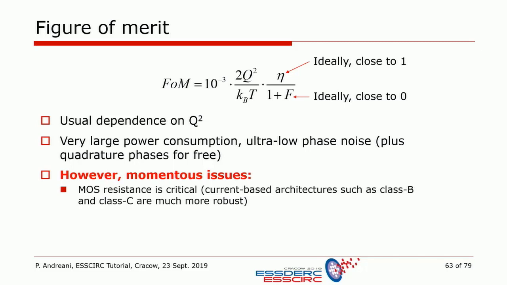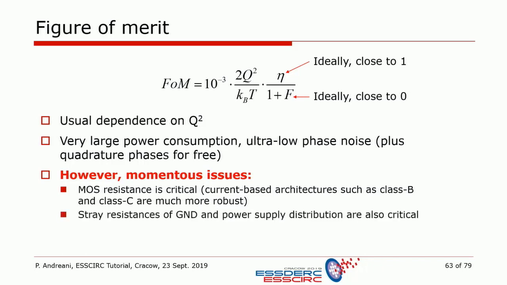The momentous issue, though, is that the MOS resistance is really critical. So you really need great switches, and this is the largest difference compared to all the other oscillators that we've seen so far. You didn't need a great transconductance to make those oscillators work. It's enough with good, or maybe not even so good, transconductors. They still do very fine. In this case, you really need an excellent switch, otherwise it will not work.